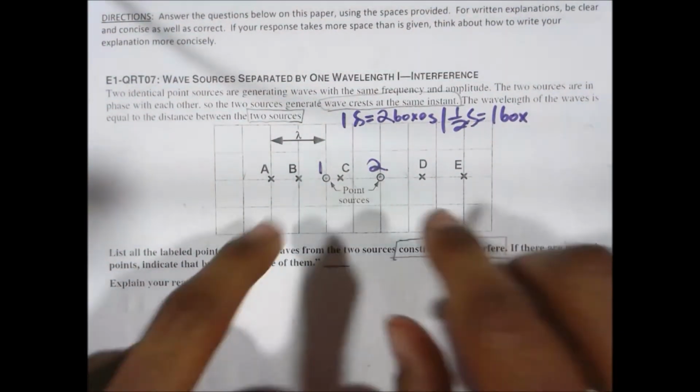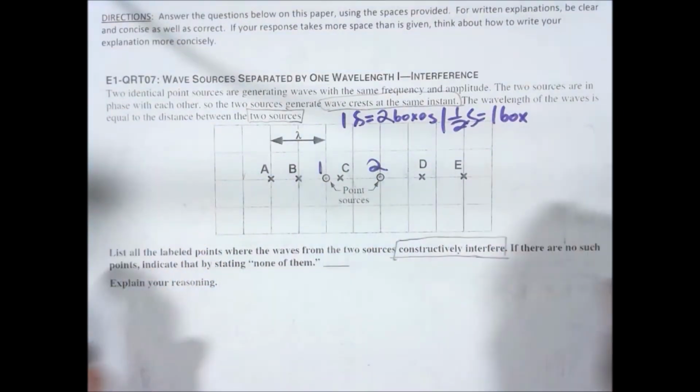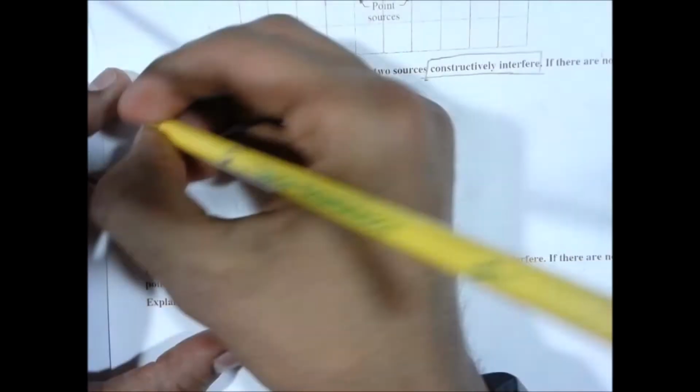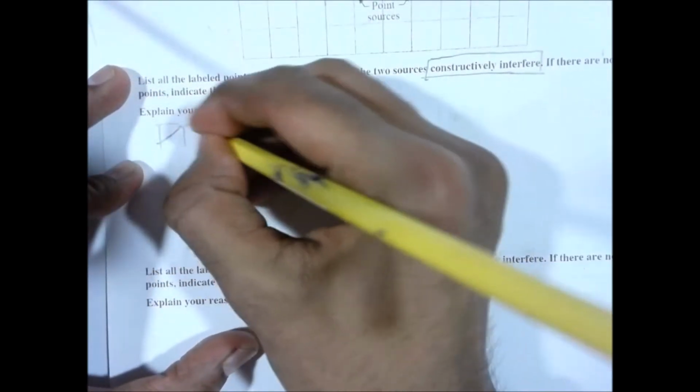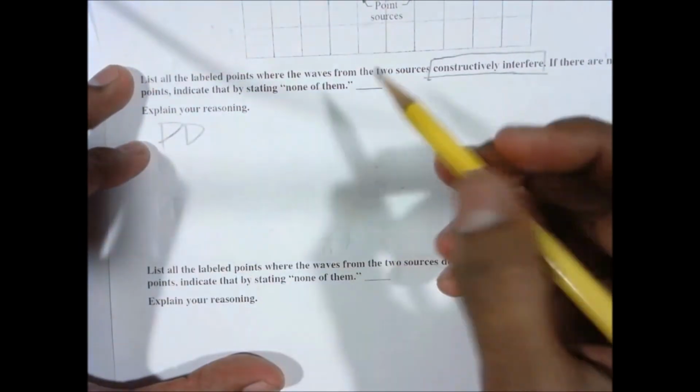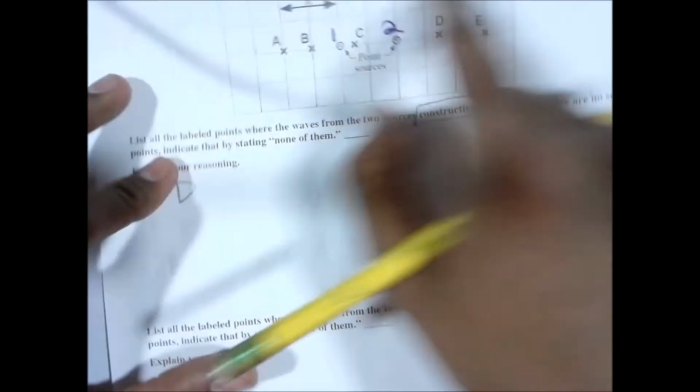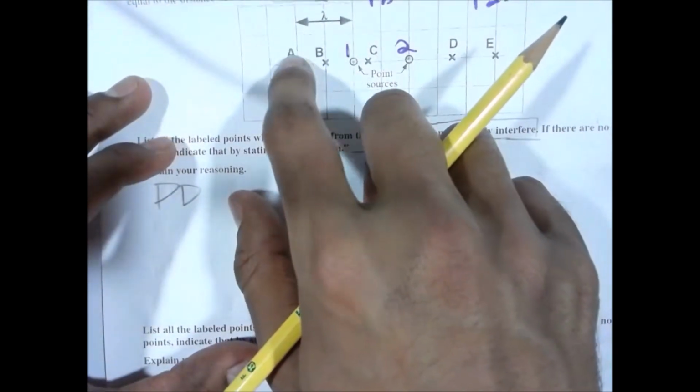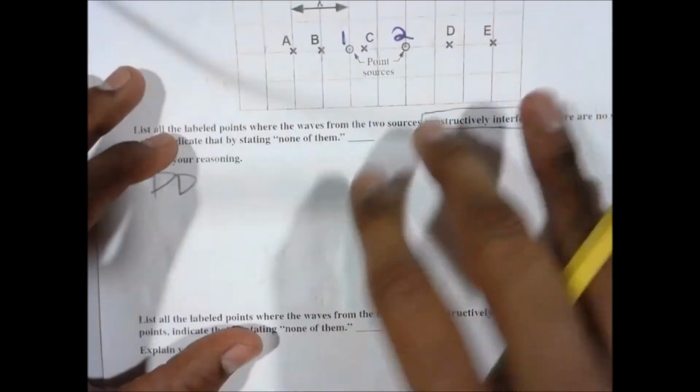And so we want to figure out what happens, and we can do something called path difference analysis. So I'm not writing down the answer to this question. I'm just showing work that'll help me figure out for all of the positions A, B, C, D, and E whether or not there's going to be constructive or destructive interference.